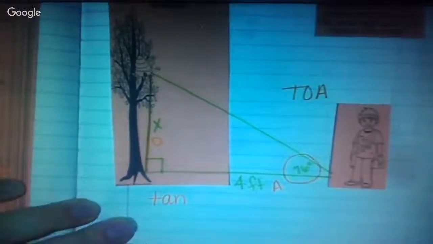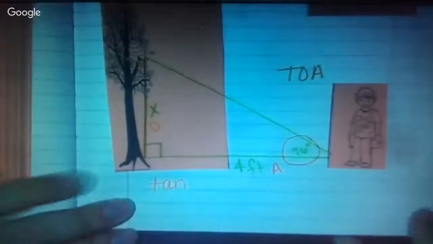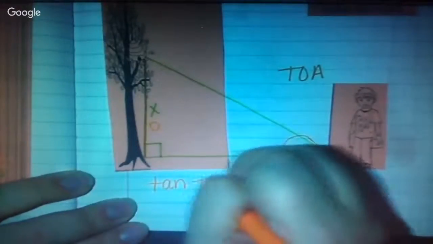So it's tangent. This is TOA. You got O and A. So tangent of my angle equals X over 4, X/4. So that tells me to get my answer, we need to multiply.